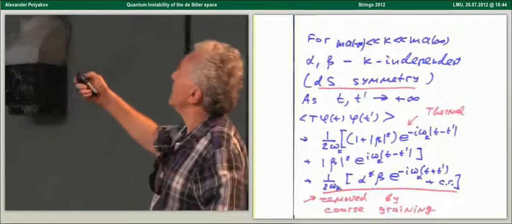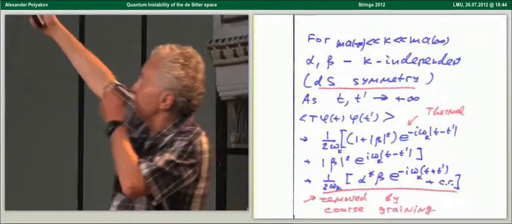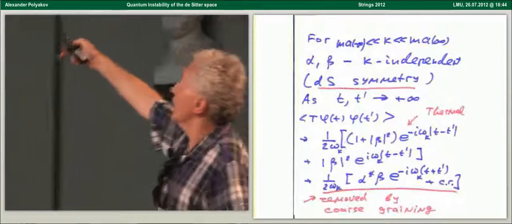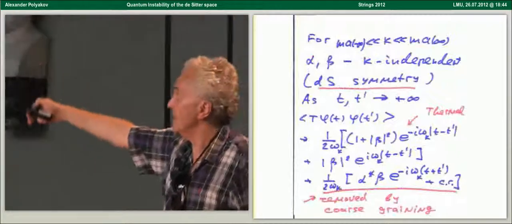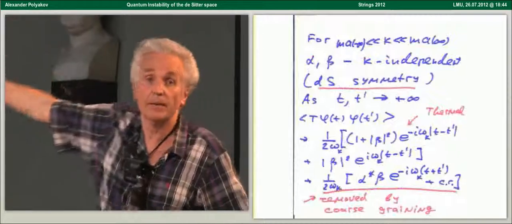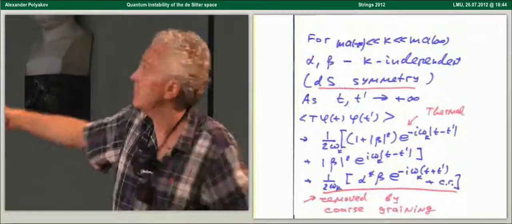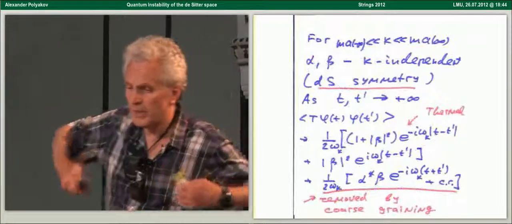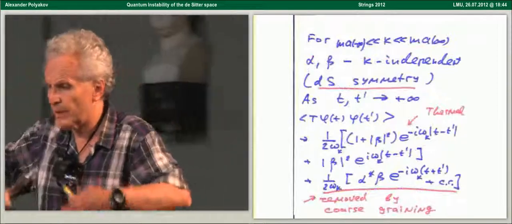And you can find the Green function at plus infinity in terms of Bogolyubov coefficients. Bogolyubov coefficients don't depend on momenta. That's because of de Sitter symmetry. And there are two pieces, and of course we start with a pure state.